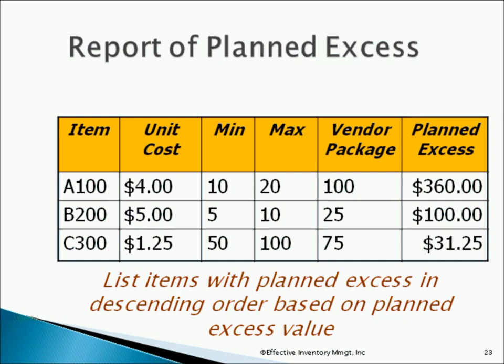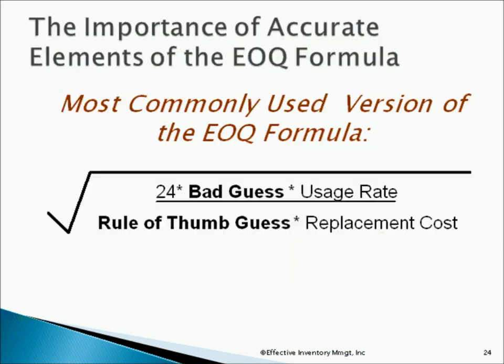Look at those items and decide, are we willing to invest more money in buying a larger quantity of these products, a quantity above what's going to maximize your profitability?